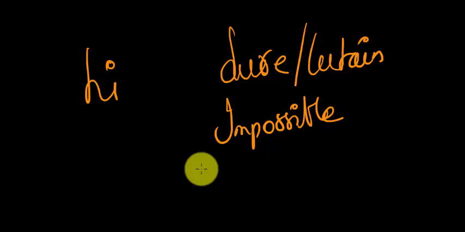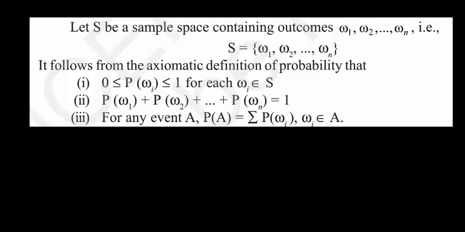Now we're going to look at what the axiomatic approach towards probability is. Let me pull up the definition for the axiomatic approach on probability. What does it state? It states that for any sample space, if the individual outcomes are omega 1, omega 2, and so on till omega n, the elements belonging to the sample space, then the probability of any particular element is always going to be greater than or equal to 0 and less than or equal to 1.